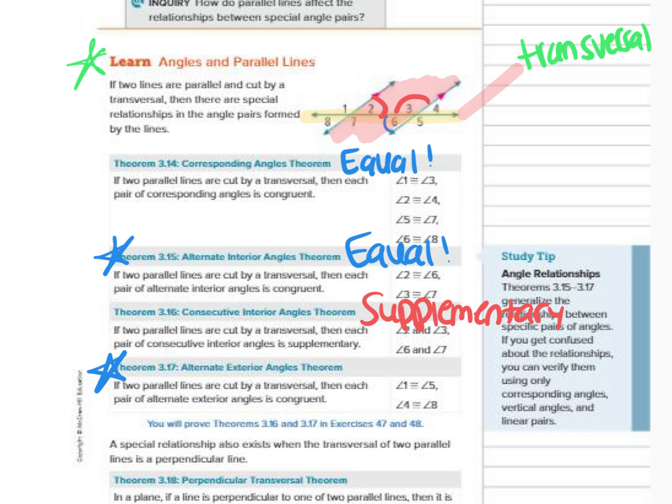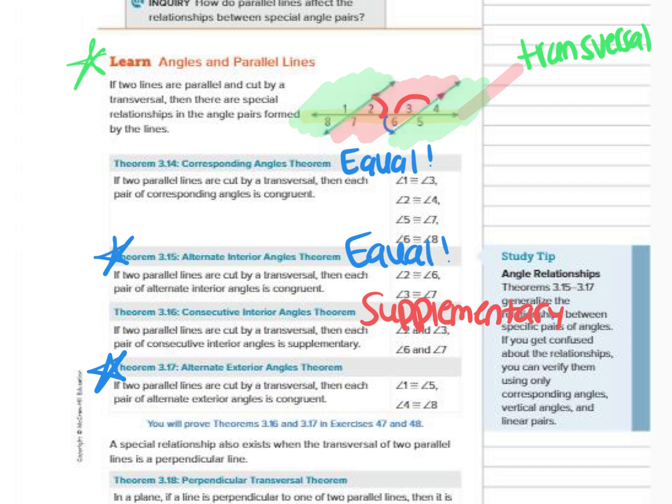And then finally, our last type of angle, alternate exterior angles. So instead of interior, now we're working with exterior. Exterior means outside. So any angle that I have highlighted in green would be considered an exterior angle.